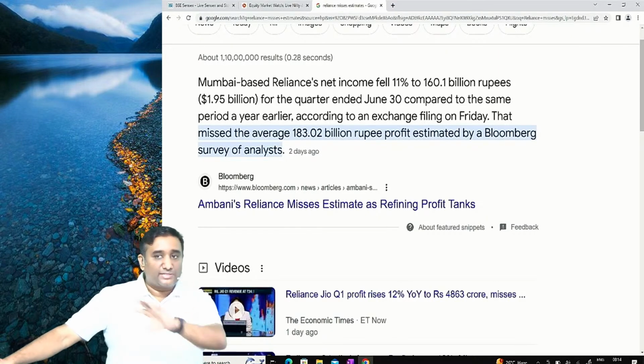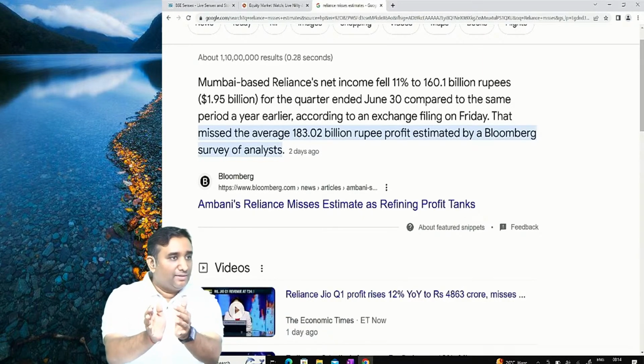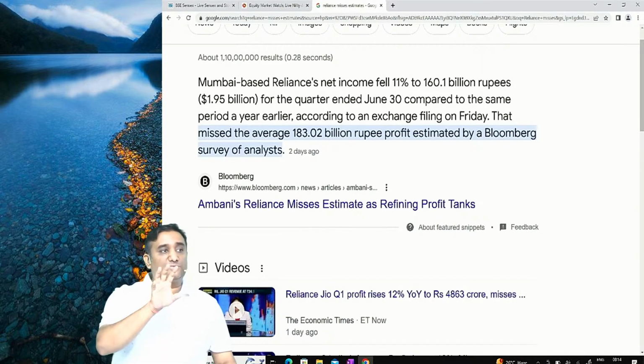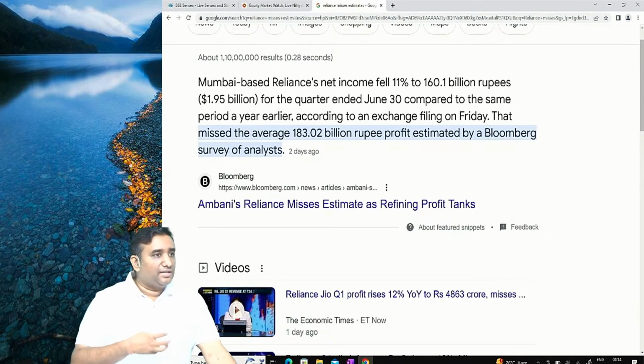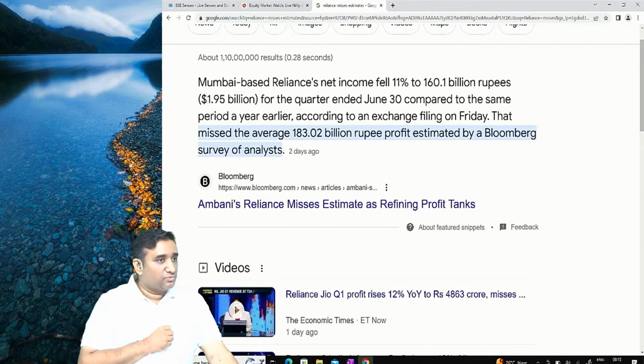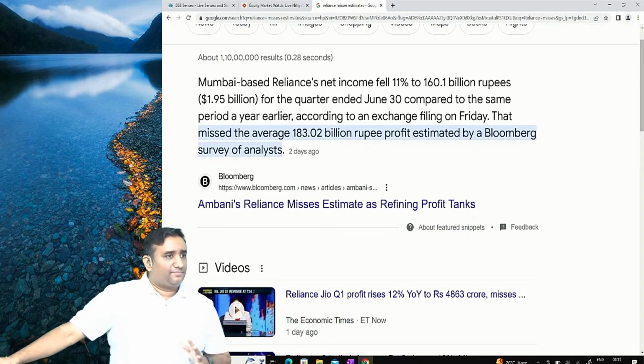Analysts are those who track. For example, you are an analyst, he is tracking, she is tracking, you are tracking, and as per you, this should have been the number, but the number has not come. That means whatever price was appearing on Friday, they estimated that these numbers should come. For example, let's suppose you go for the exam and I ask you how much will you score? You said, sir, 85 I'll score. Result comes out and you score 80.